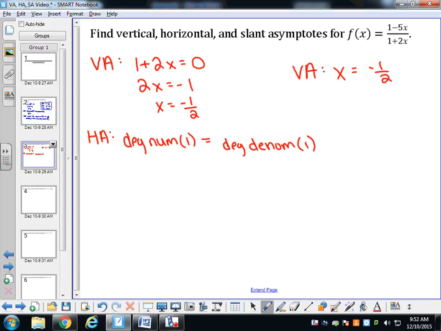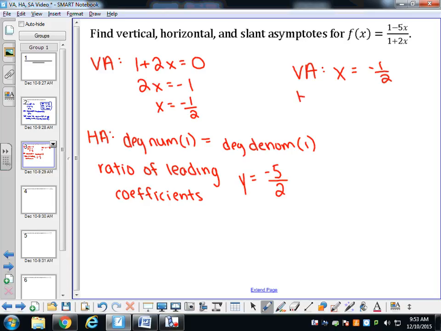So these two are equal. When they're equal, we must set up the ratio of the leading coefficients. So basically, it's the numbers in front of the largest exponent. So in this case, it's going to be y equals negative 5 over 2. That cannot be simplified at all.